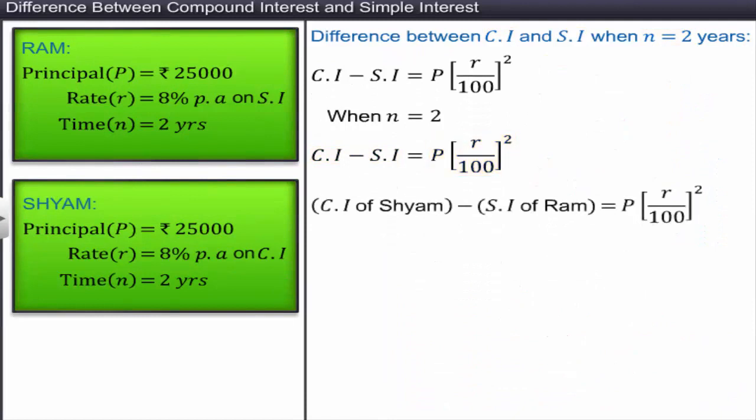On substituting the values of principal P, rate R in the formula, we get the difference between the interest earned by Ram and Shyam, as shown here.